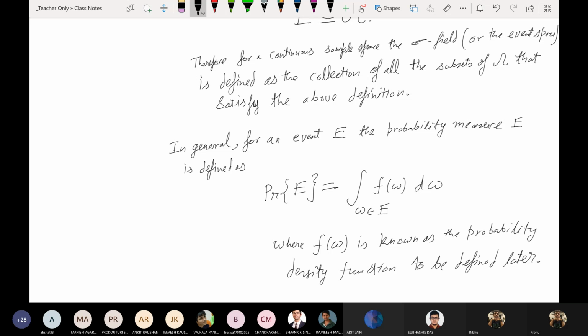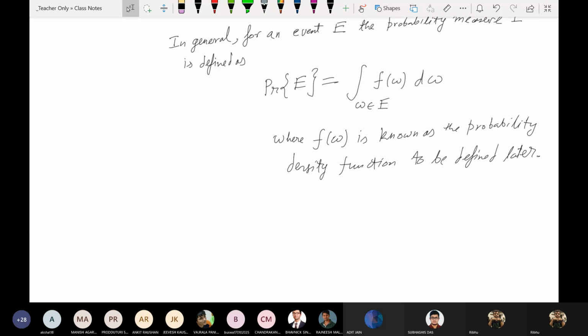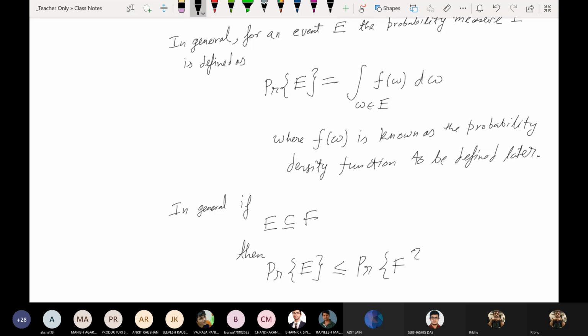So for an infinitesimally small set, you can always have this kind of a measure, and you can obviously see that. Just a second. Yeah.